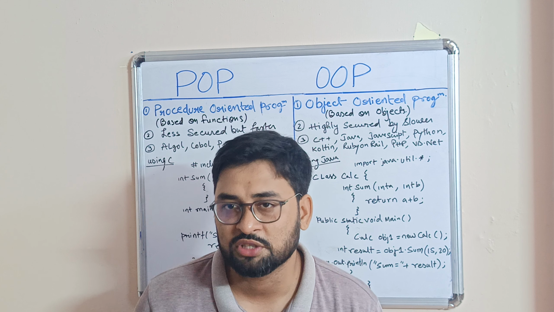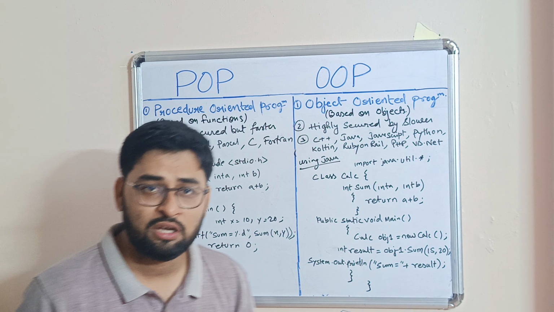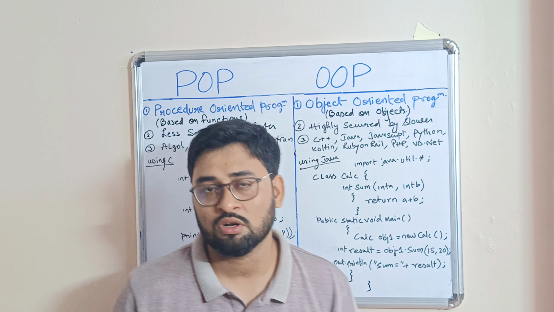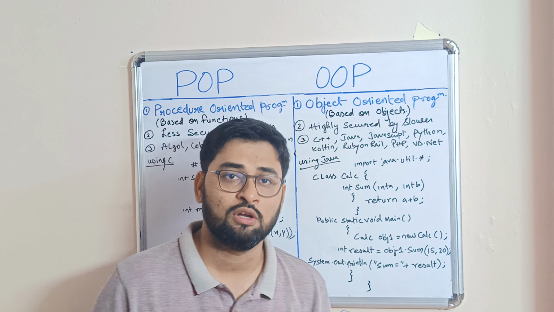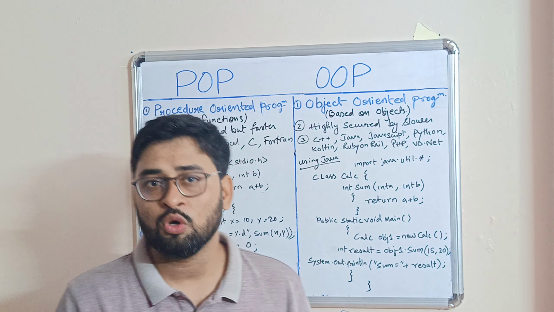But Java is fully object oriented, whereas Python is object oriented as well as it also follows POP, procedural oriented programming. We can write programs using Python in both ways.